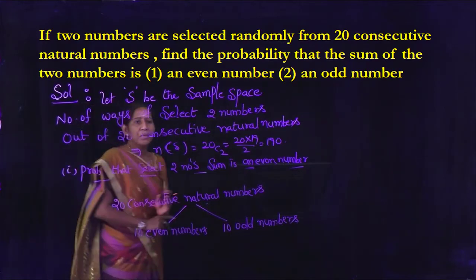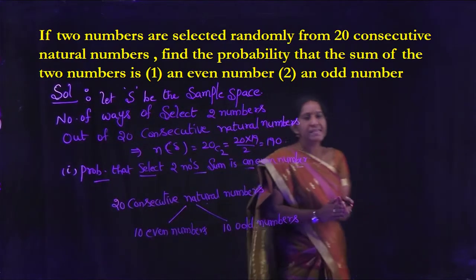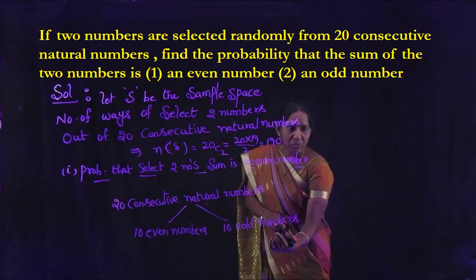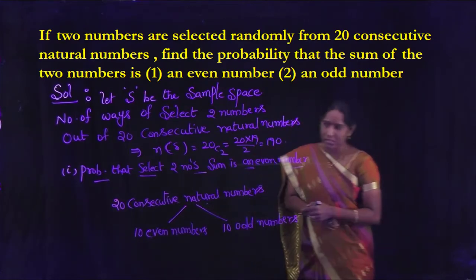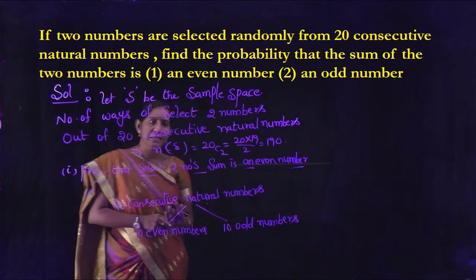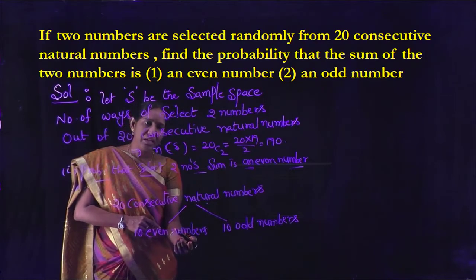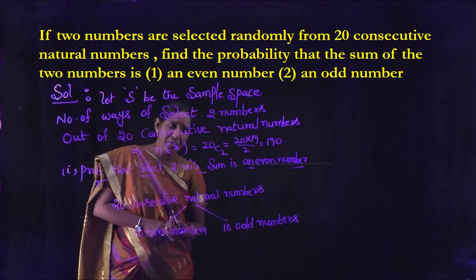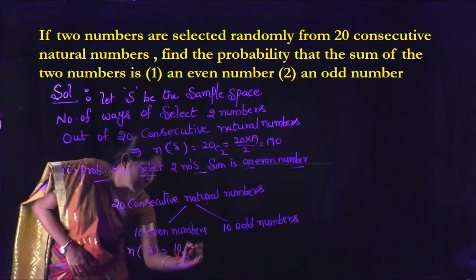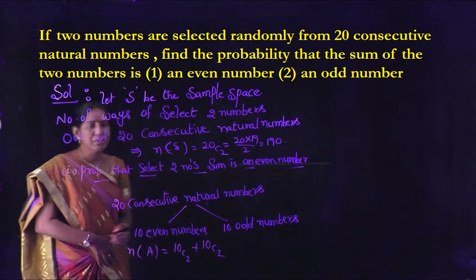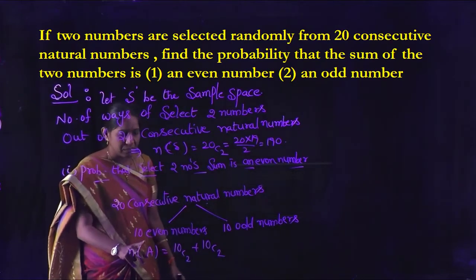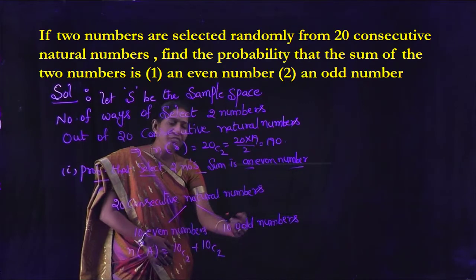Select two numbers, the sum is even. That means select two numbers out of 10 even numbers or select two numbers out of 10 odd numbers.